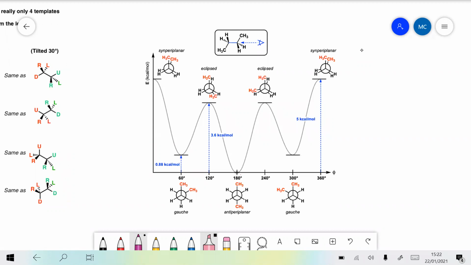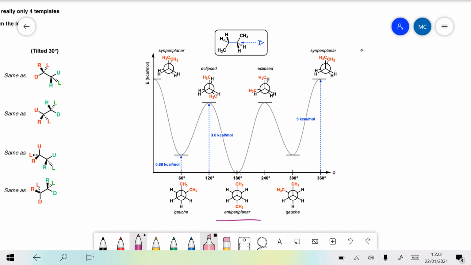If I rotate another 60 degrees, now I go into the anti-periplanar, where they are completely opposite. Okay? When they are completely opposite, at this point you have the lowest possible energy.